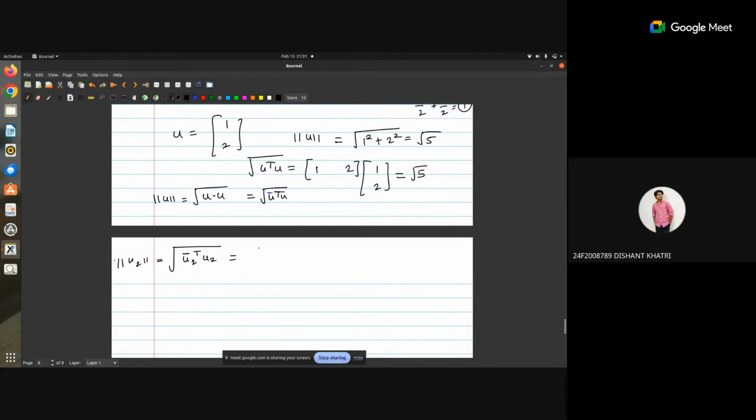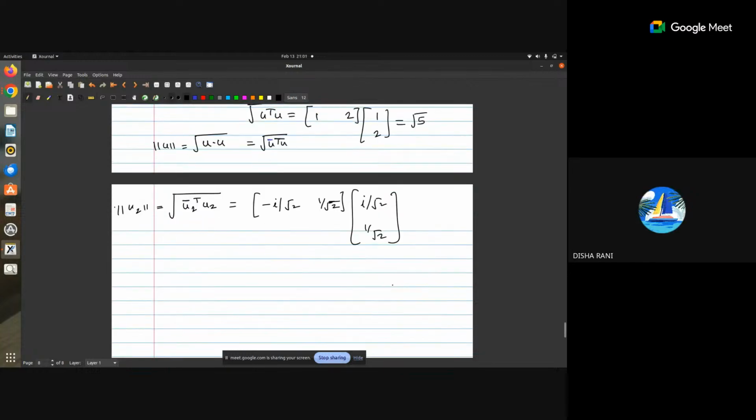And what is u2 conjugate now? Minus i by root 2, 1 by root 2, and that vector. So it is i by root 2 and 1 by root 2. I hope this is okay till now. Yes, sir.